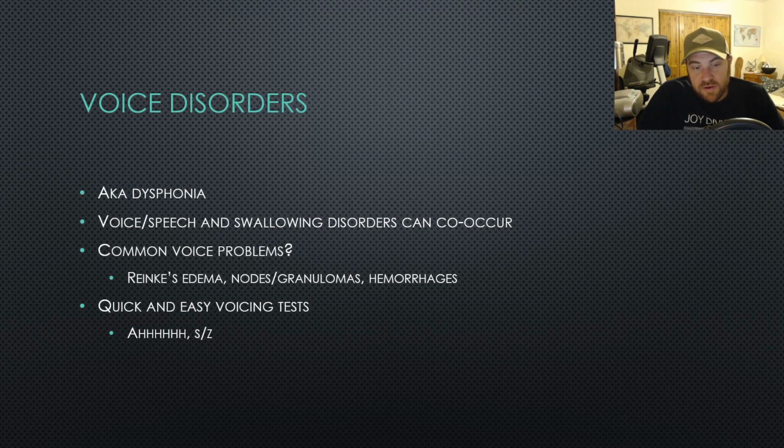Nodes, vocal nodules, or if you've watched Pitch Perfect, nodes. Those are basically small inflamed bits of tissue that can show up on the vocal folds, also sometimes known as vocal polyps.